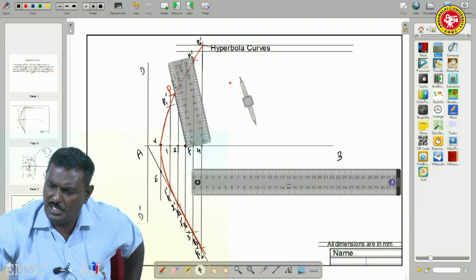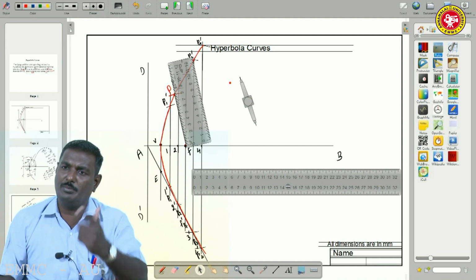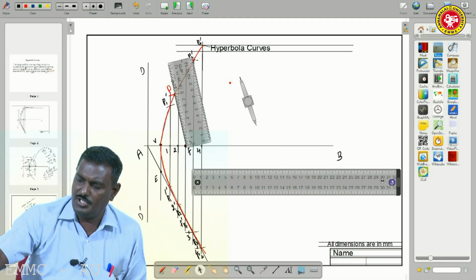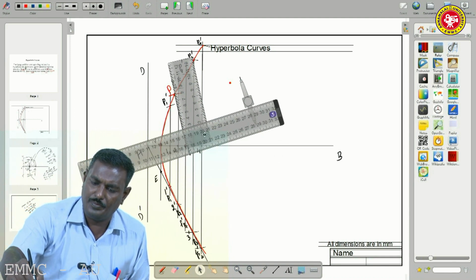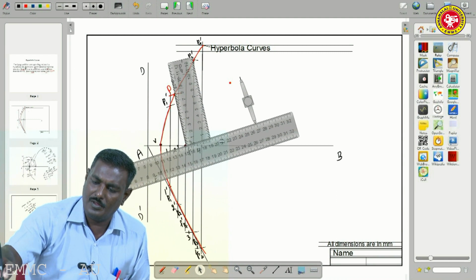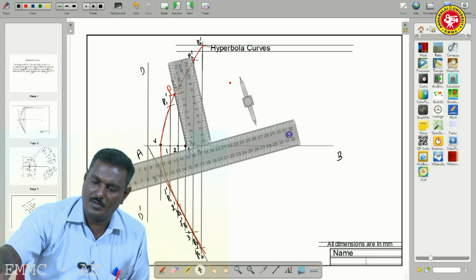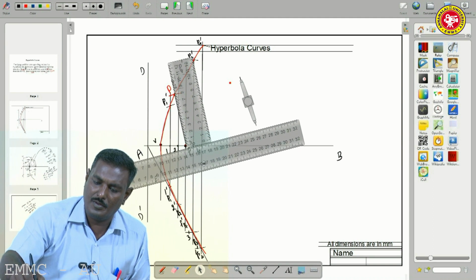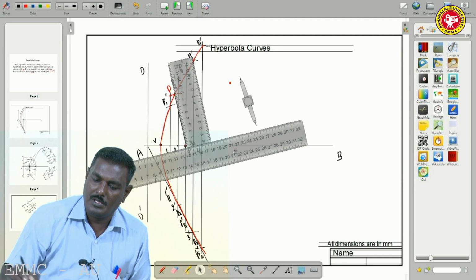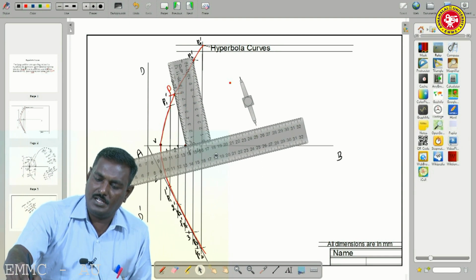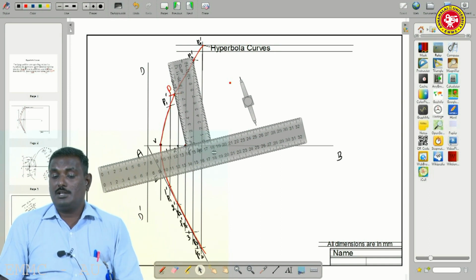Suppose I take another scale here, that should be perpendicular. It is perpendicular to each other.